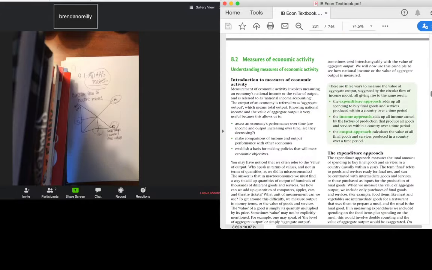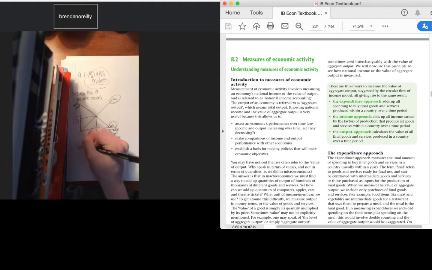Now we can go into measures of economic activity. There are three approaches that macroeconomists use to measure economic activity. Some are more popular than others, but there are three. One's called the expenditure approach.